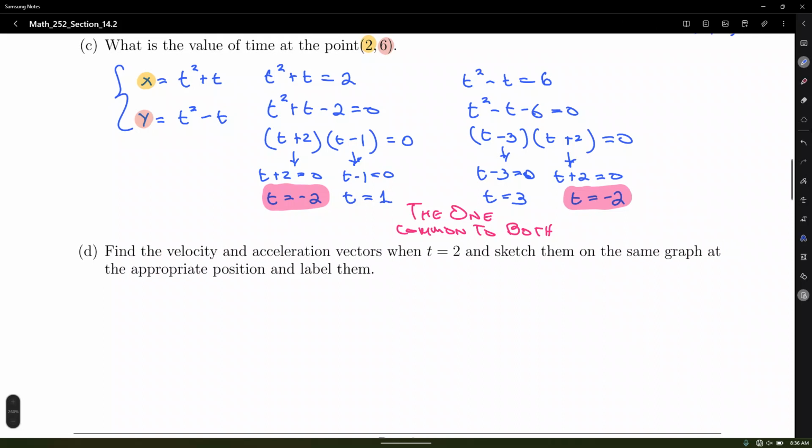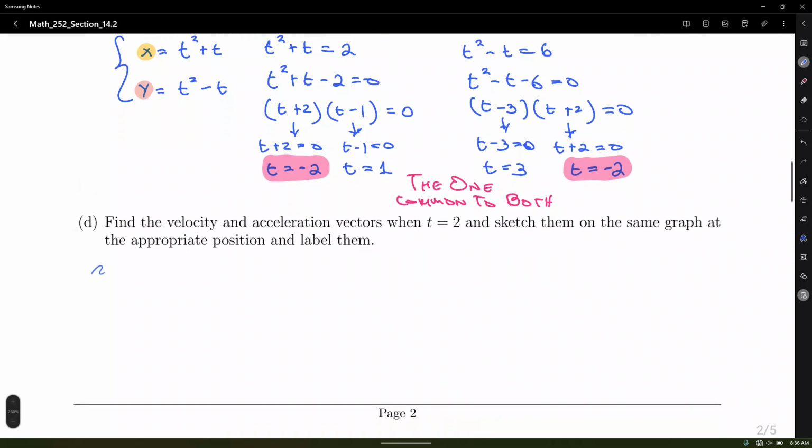We no longer need this prime in this case. We can simply say v of t, which is really, if you want, r prime, just so you can connect ideas here. So the derivative of t squared plus t is 2t plus 1. But we need to evaluate the velocity when t equals 2.